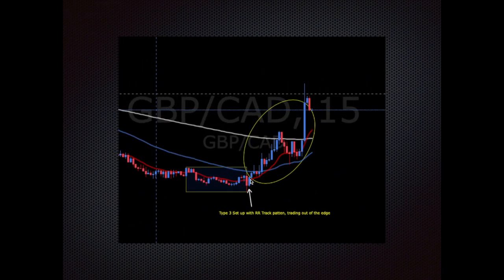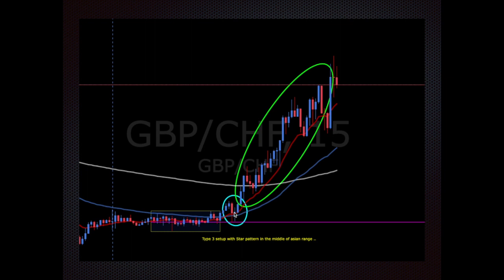This one here literally happened right at the edge, so 2:15 candle, we get railroad tracked, boom, go up. This one here, we ended up getting a star pattern. This was at 2:15, 2:30, 2:45, 3, 3:15 being the middle of the star formation, and then boom, it took off.